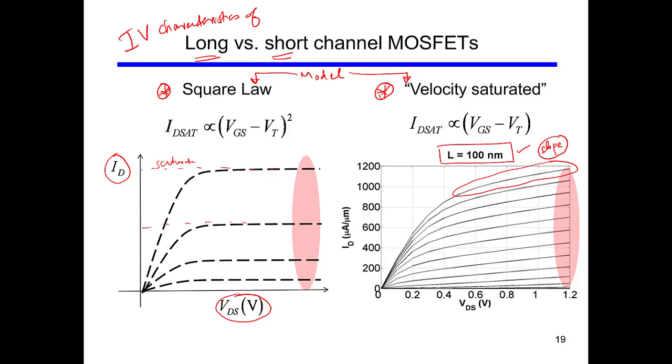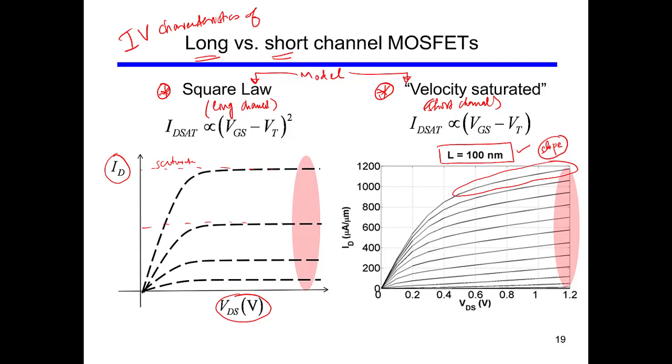The square law model is useful for describing long channel MOSFETs, while the velocity saturated model is useful for describing short channel MOSFETs.